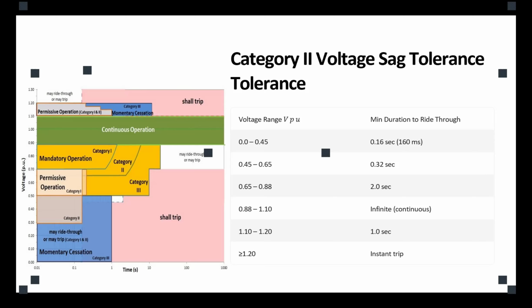Now, if the voltage during the fault is 65 to 88% of the nominal voltage, by nominal voltage I mean the voltage before the fault, you have to remain at least for 2 seconds. After 2 seconds, if the fault is still there, you can disconnect.